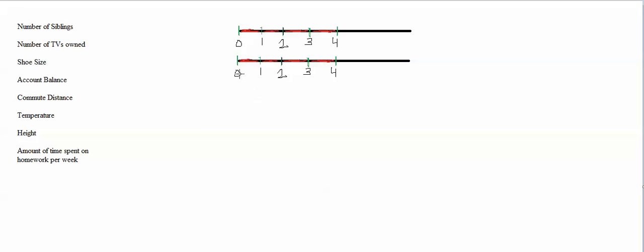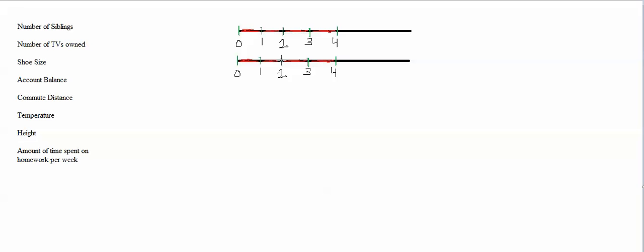A person can have 0, 1, 2, or 3, or 4 TVs. So a person can have a value here. A person can have 0 TVs. A person can have a value here because a person can have 1 TV. A person's data value can fall at any of these green areas.